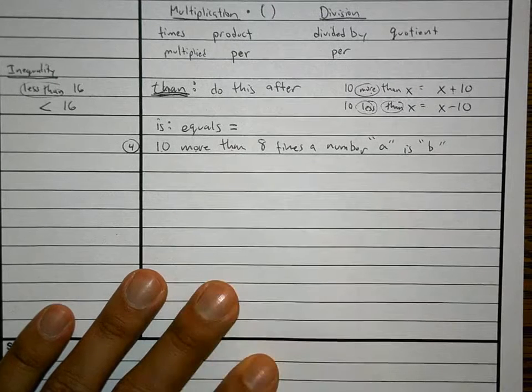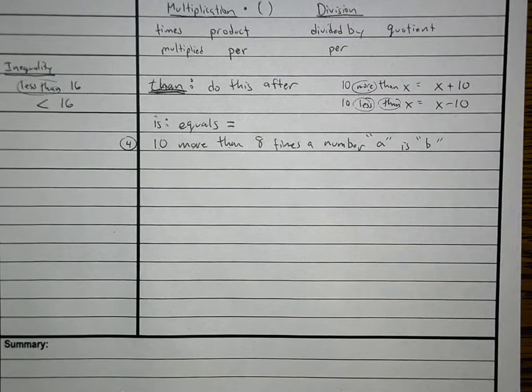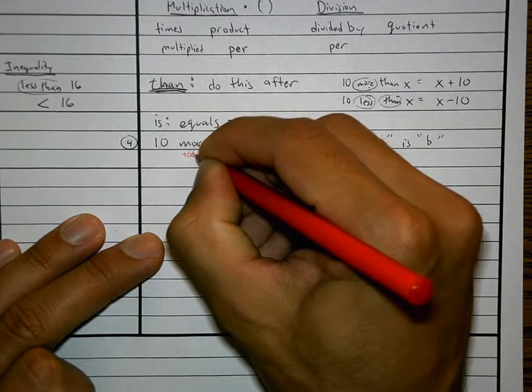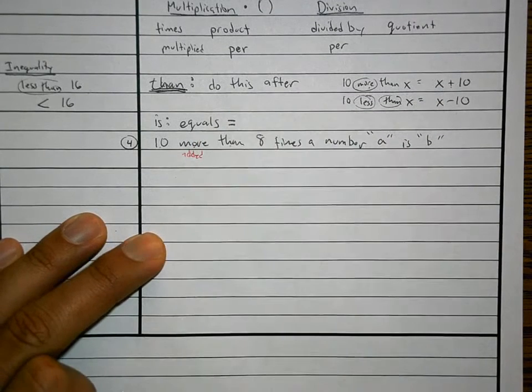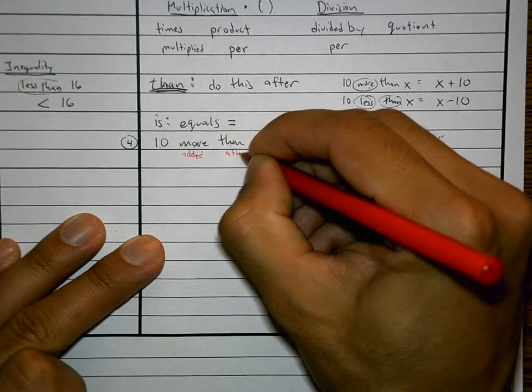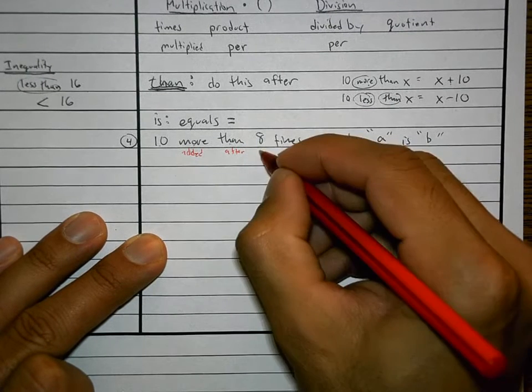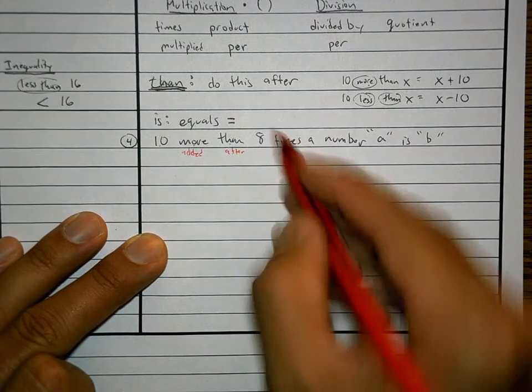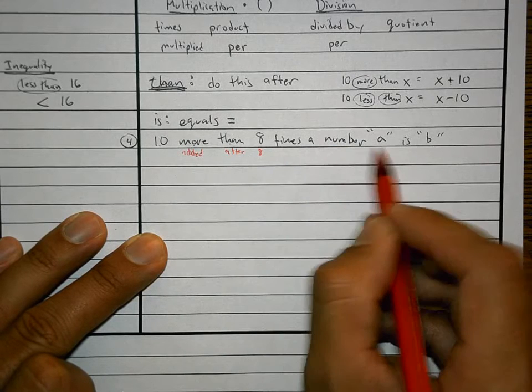So what I like to do is I like to write down, oh, this means added. Underneath there. This means after. And I'm just going to have after 8 times the number A.